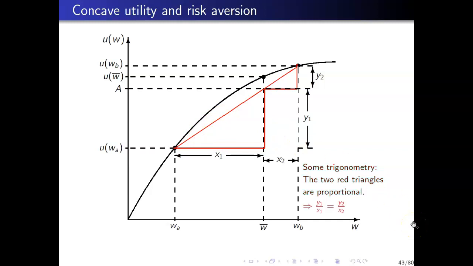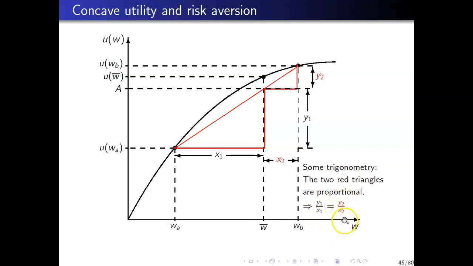What do we mean by proportional? We mean that if you take one side, y1 here, the side of this triangle, divided by x1, the base of this triangle, the ratio we obtain is the same as y2 over x2. So y1 over x1 is equal to y2 over x2.